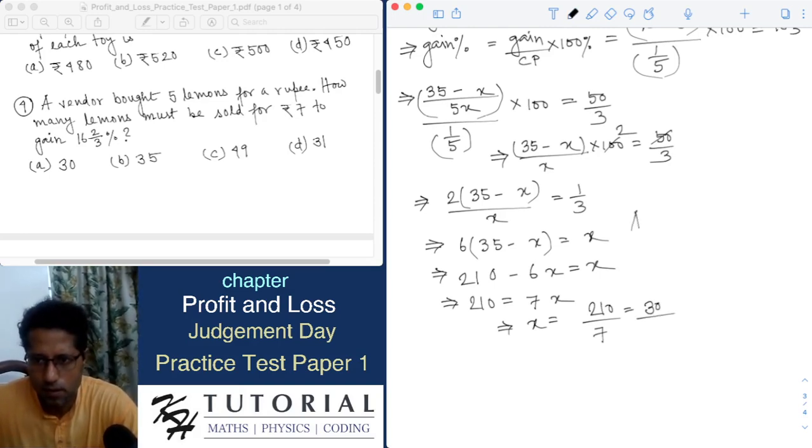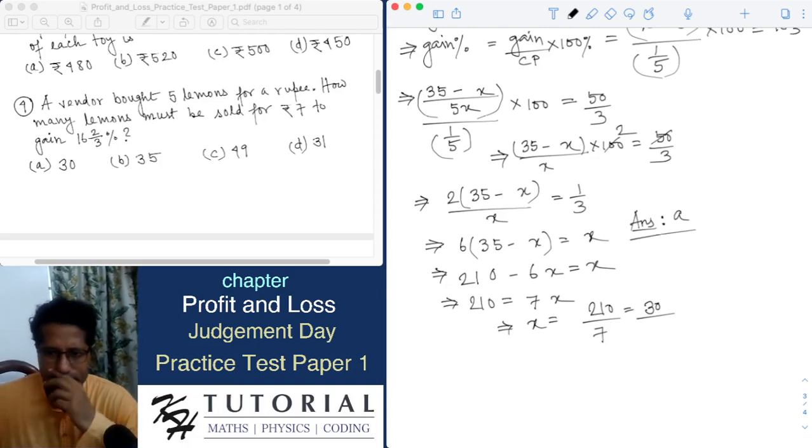So 30 lemons need to be sold. So the correct choice is choice A.